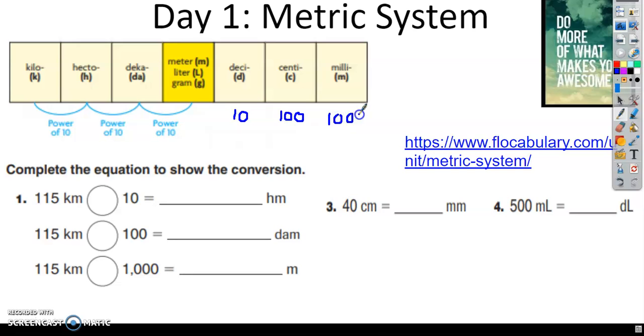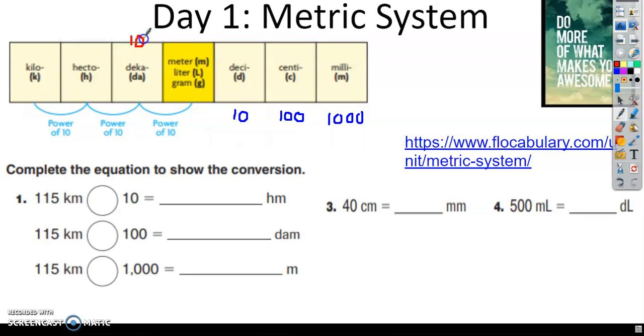And then I ask you, well, what about this side then? Deca looks a lot like 10. Hecto, that even kind of sounds like 100. Kilo, I think we're talking about 1,000 there as well. So the difference, deca is 10 times more.